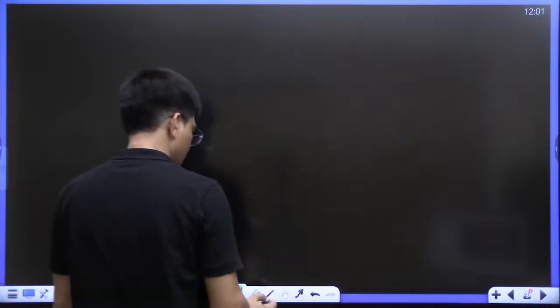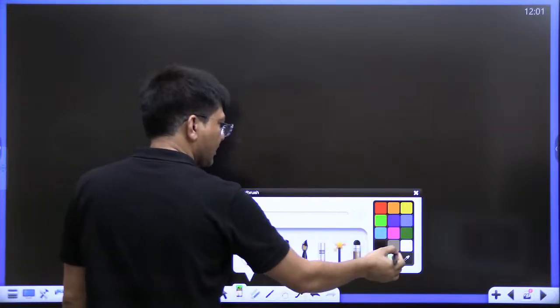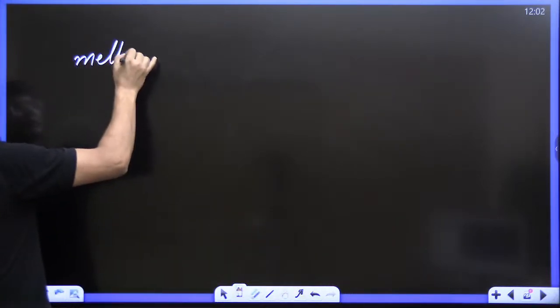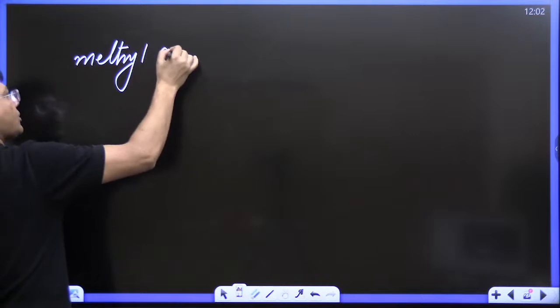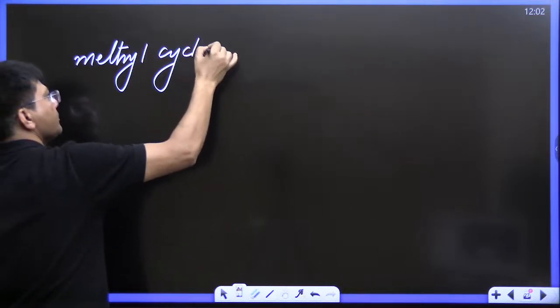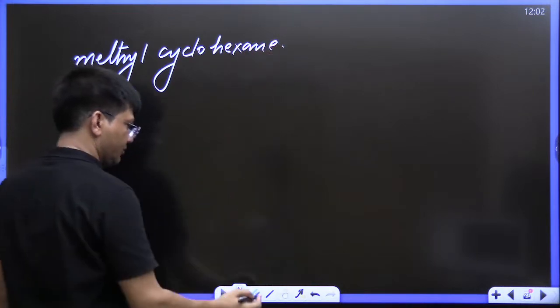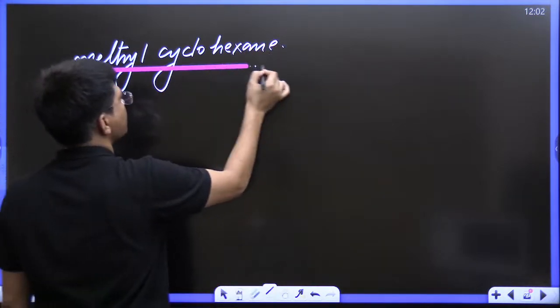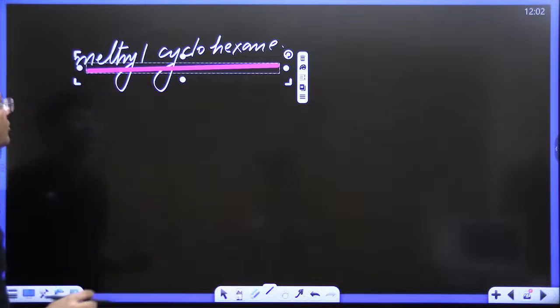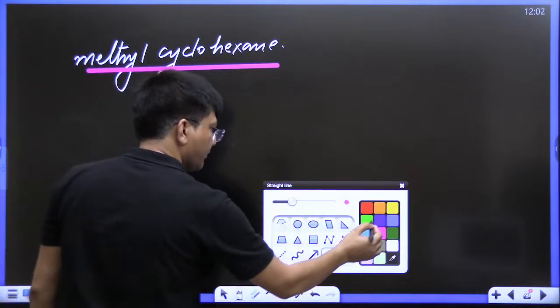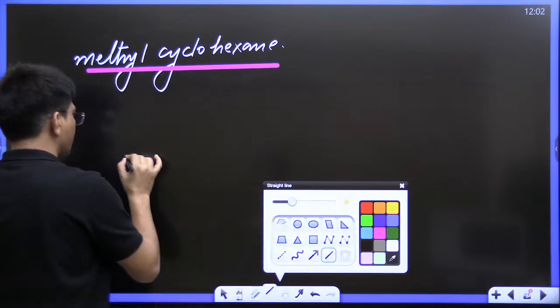See kids, if I write methyl cyclohexane, just try to understand. This is a question of AIMS, methyl cyclohexane. Just try to understand the way in which I can write methyl cyclohexane.